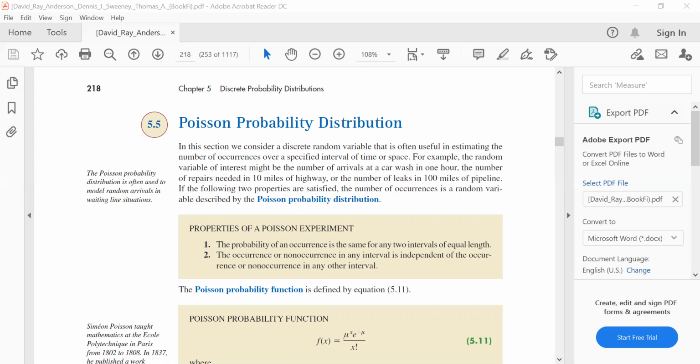Suppose that a washing machine in a laundry breaks down on an average of three times a month. What is the probability of exactly 2 breakdowns during the next month?